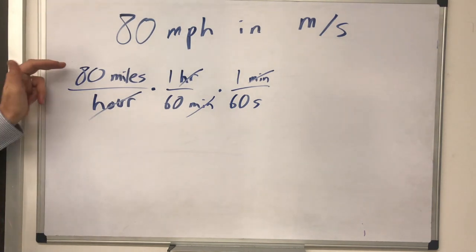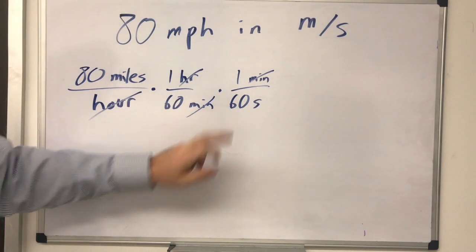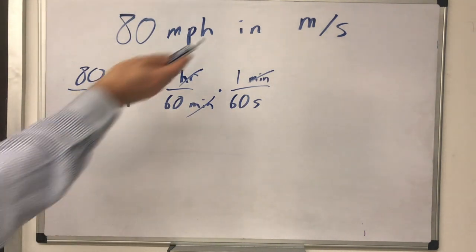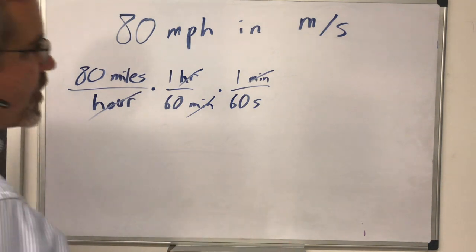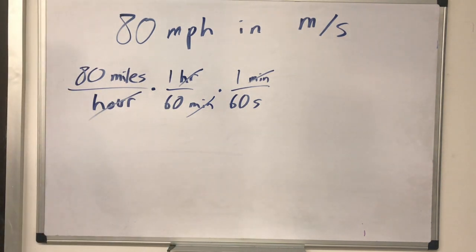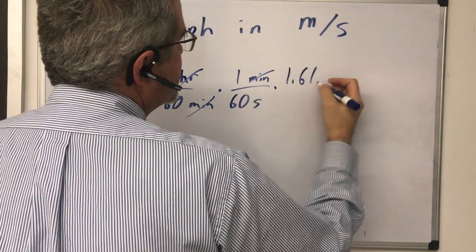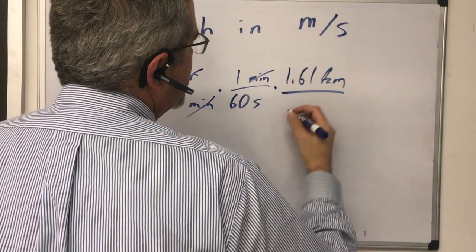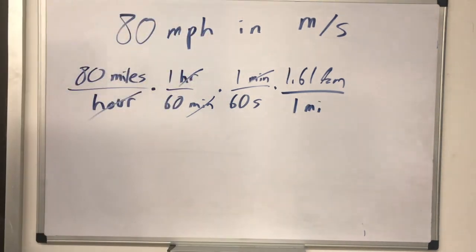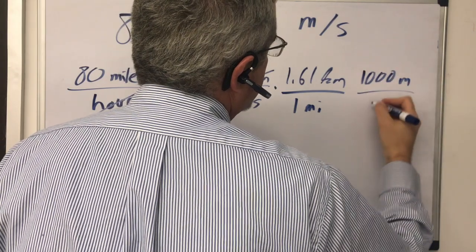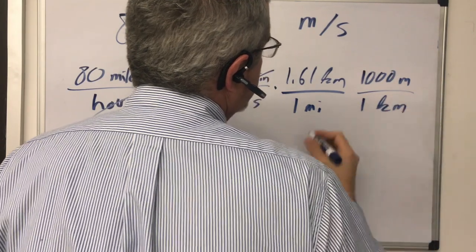And so 80 divided by 60 divided by 60 miles per second. I'm making progress. I have miles per second. Now I need to convert to meters. Now I remember from running that 1 mile is equal to 1.61 kilometers. I'm going to need miles on the bottom, so I'm going to multiply by 1.61 kilometers divided by 1 mile. And I know, of course, that there are 1,000 meters in a kilometer.